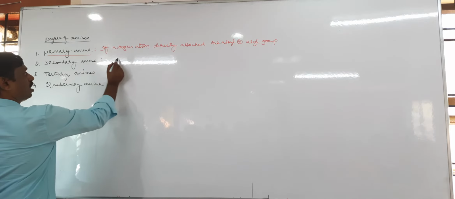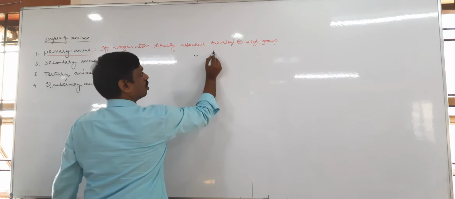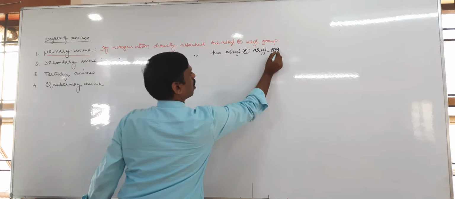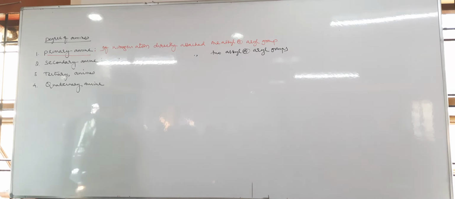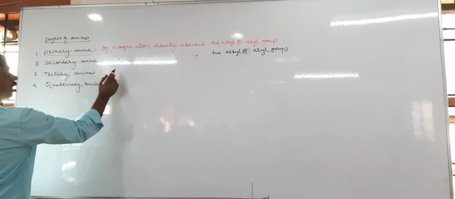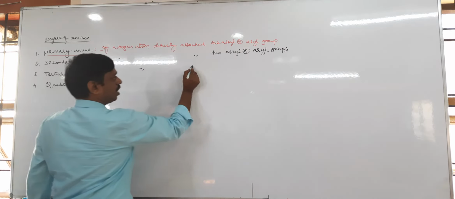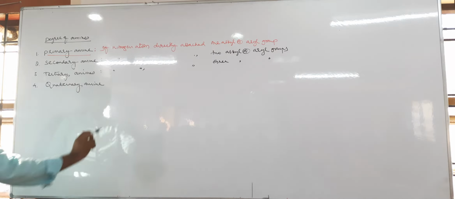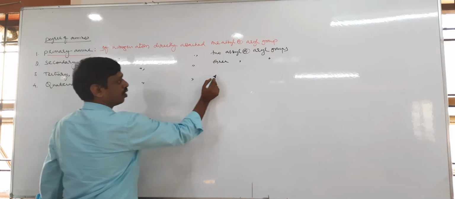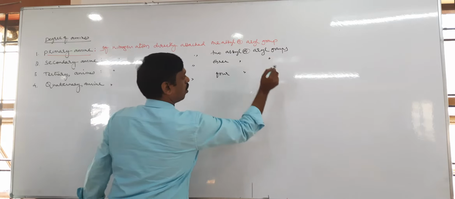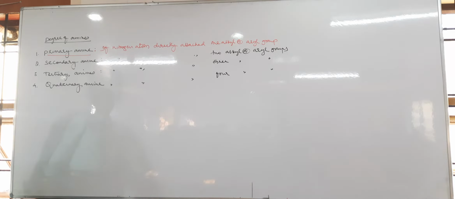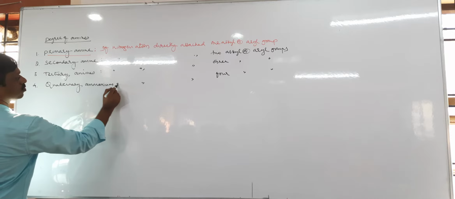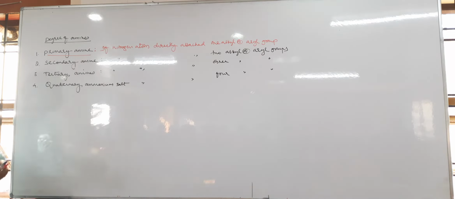If the nitrogen atom is directly attached to two alkyl or aryl groups, it is called secondary amine. And if it is attached to three alkyl or aryl groups, it is called tertiary. Four alkyl or aryl groups is called quaternary ammonium, not amine, quaternary ammonium salt.